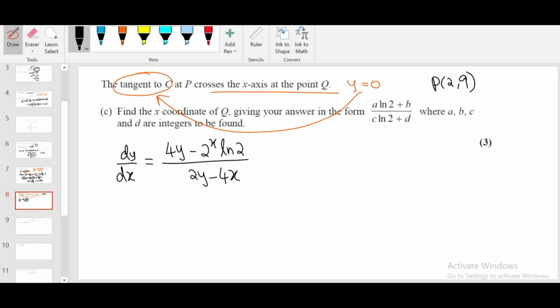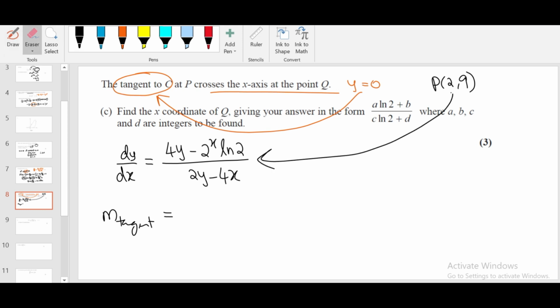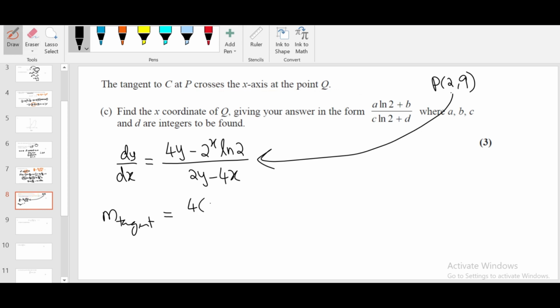Yes. So we can find the slope of the tangent: you replace x and y by these coordinates. 4 times 9 minus 2 power 2 ln 2 divided by 2 times 9 minus 4 times 2.